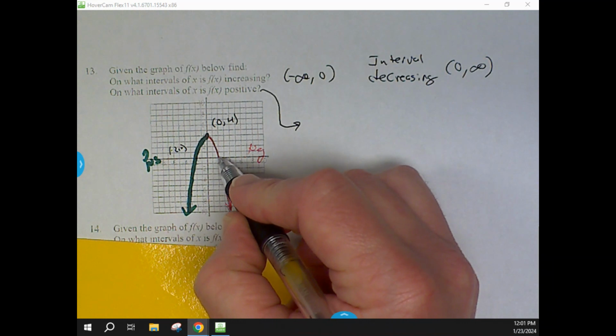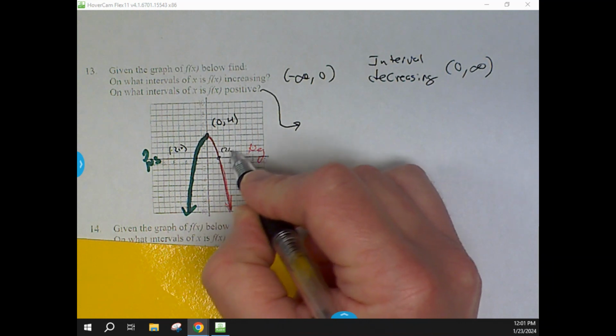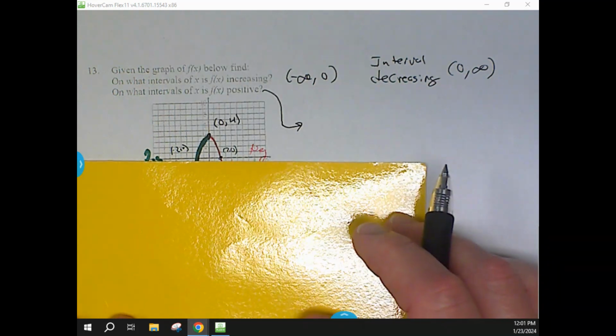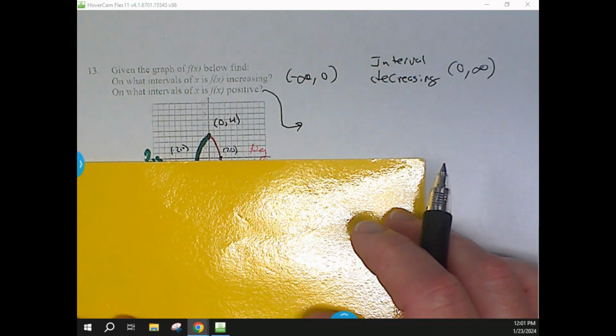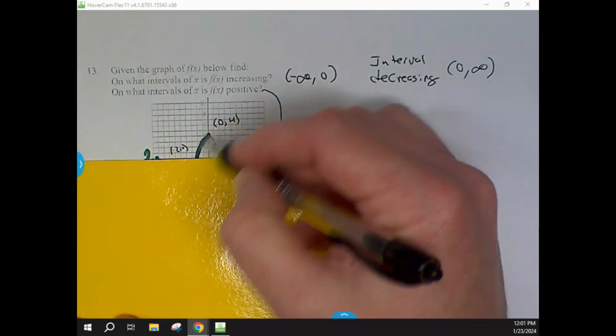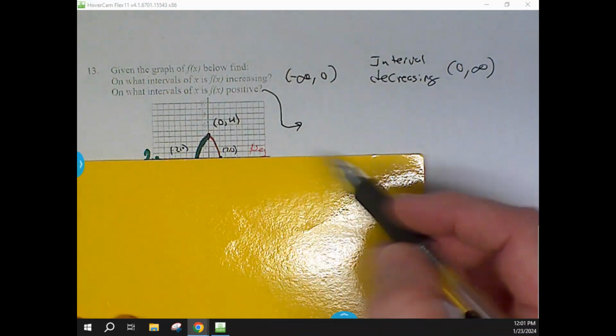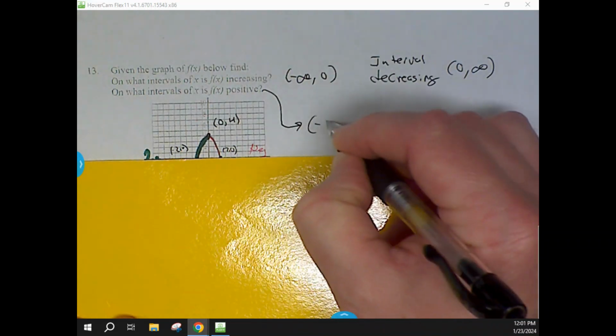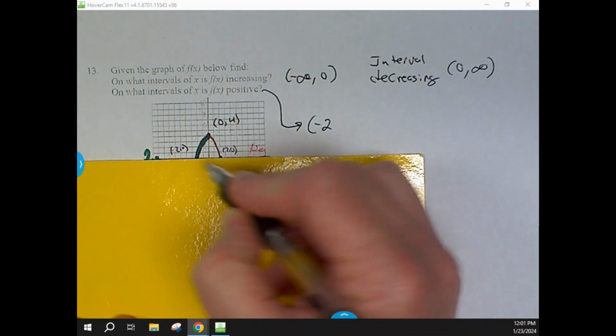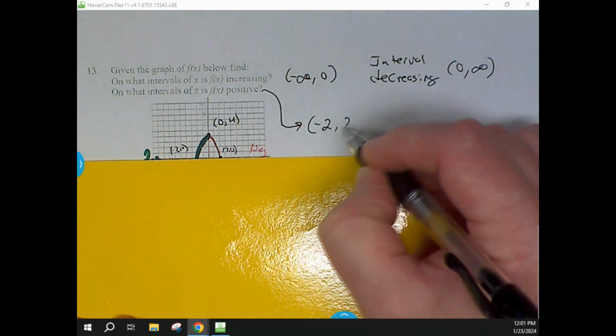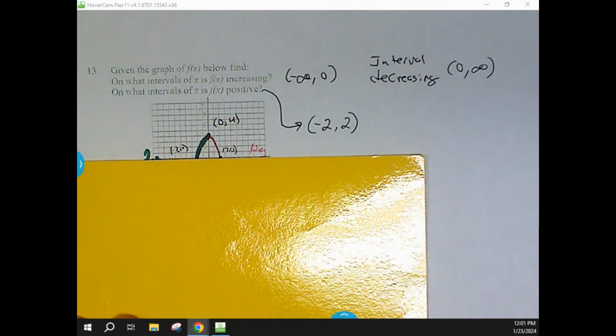This point right here is at 2. So when I ask you where is it positive, we know that part of the graph is positive, so that's a little arc up here. But again, when you describe it, we're going to go from negative 2, which is this point on the left, to positive 2, which is that point on the right.